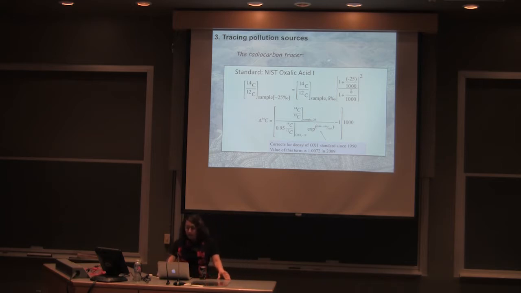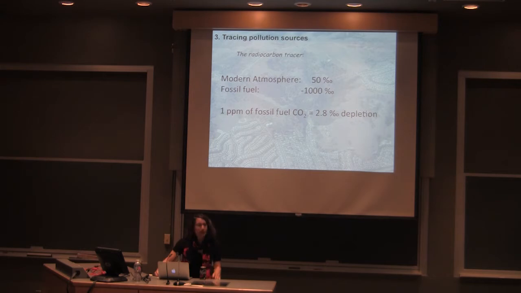And in fact, if you were to sit with these units and embrace these units for a while and feel the units, what you would get is that the modern atmosphere has a radiocarbon ratio of 50 per mil, and fossil fuels are -1,000.